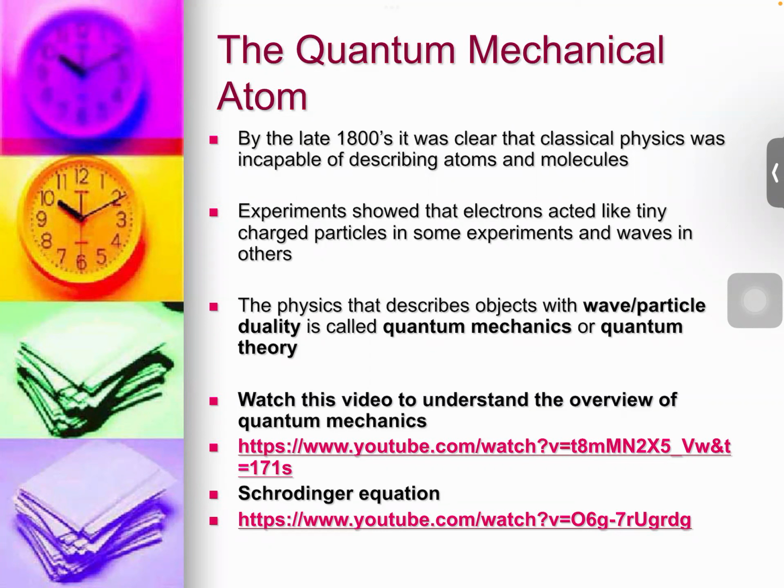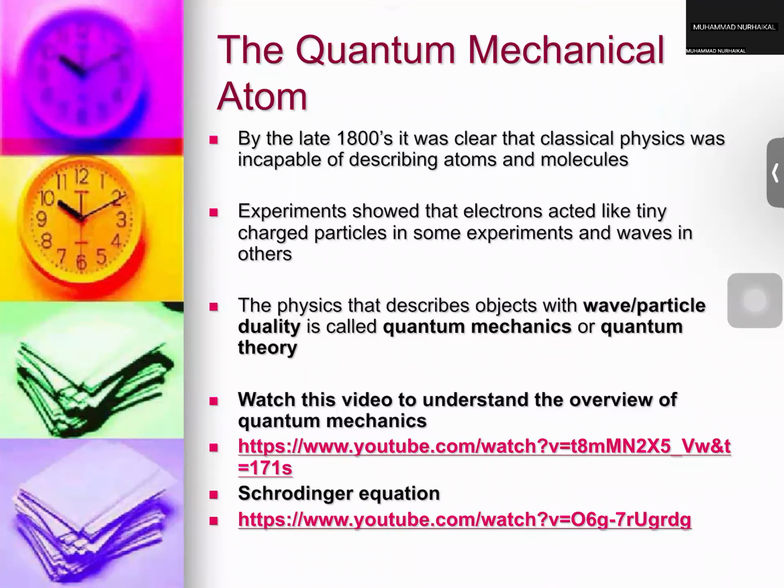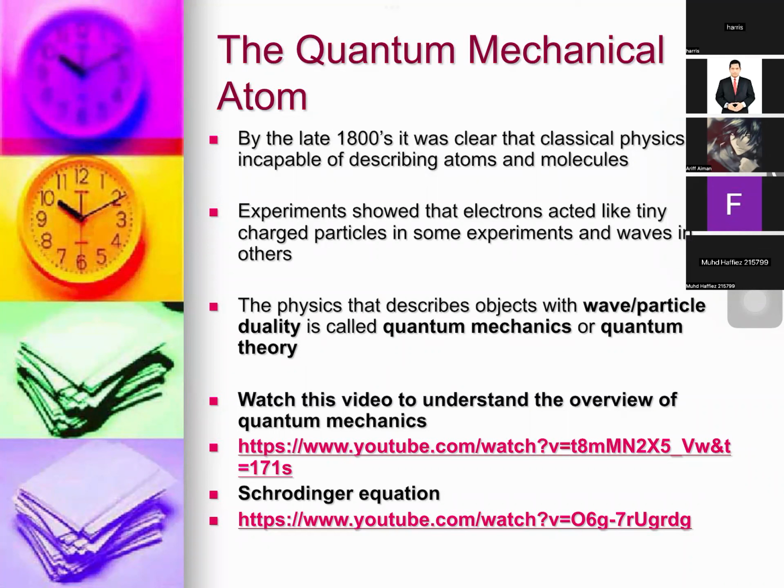So you relate the Schrodinger equation with the shape of orbital. Yes, it is related. Anyone else has ideas on what the Schrodinger equation is?